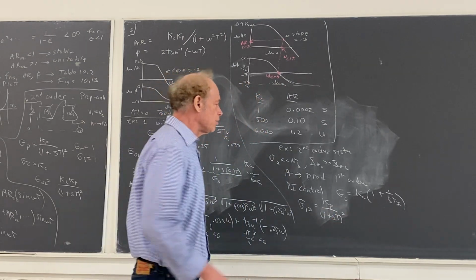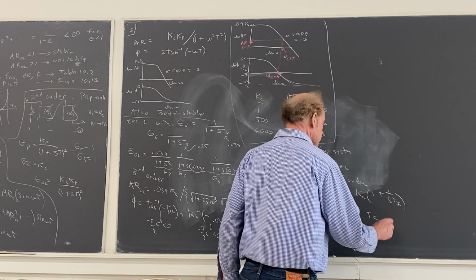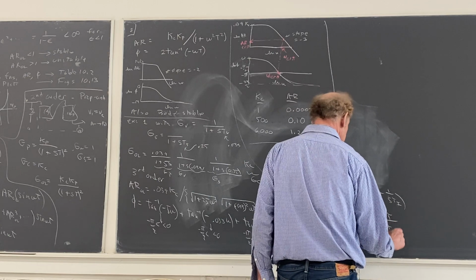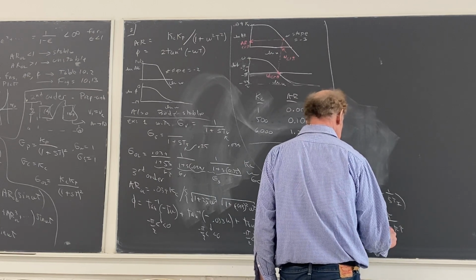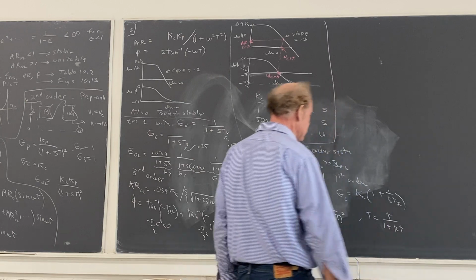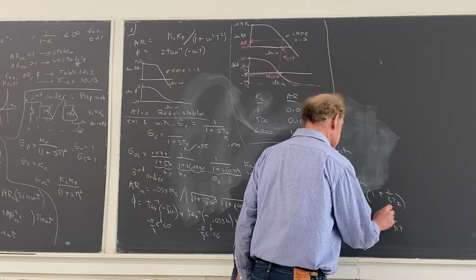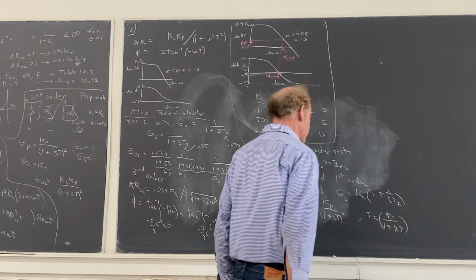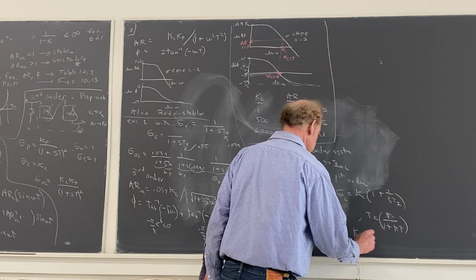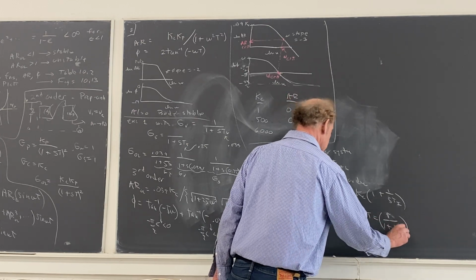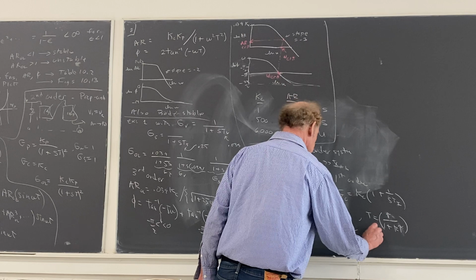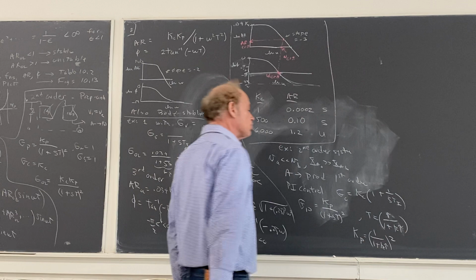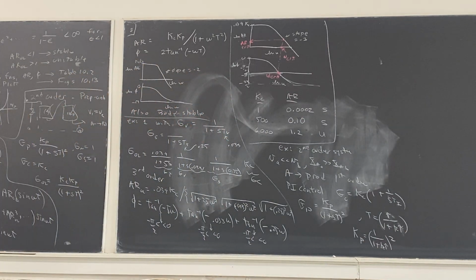And since it's first order, we remember that tau is equal to T over 1 plus K T squared. Let's do one thing at a time. That's tau, and Kp is equal to 1 over 1 plus K tau squared. So that's all from earlier in the semester.